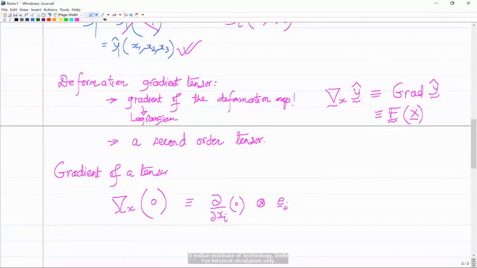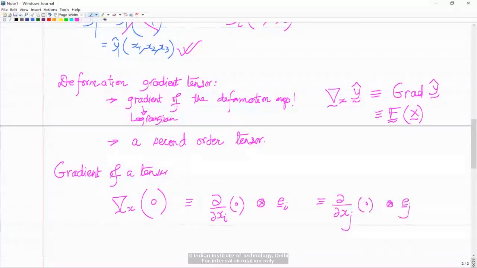Okay, it's just a definition, and you could also write it as del over del xj of that circle, tensor product with ej, right? Because it's a dummy index, so you can replace i with j also.